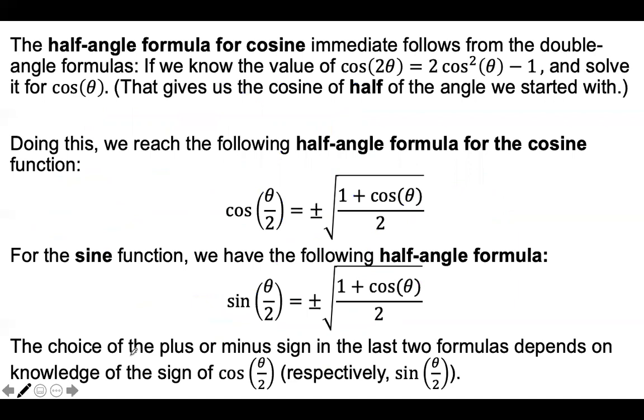There are half angle formulas for cosine and sine, and they follow from the double angle formulas. And then you solve for basically cos of the angle. So let me do this on the page.